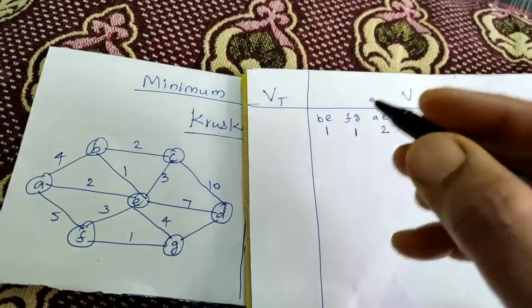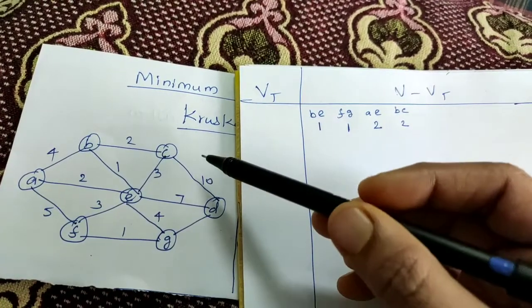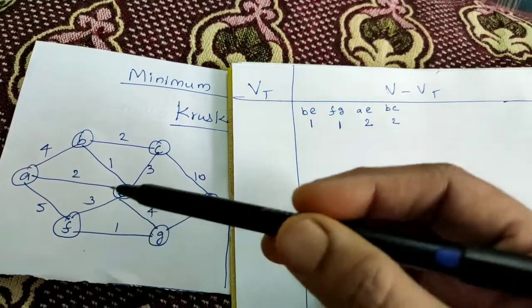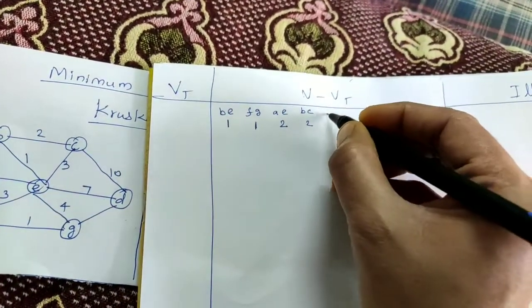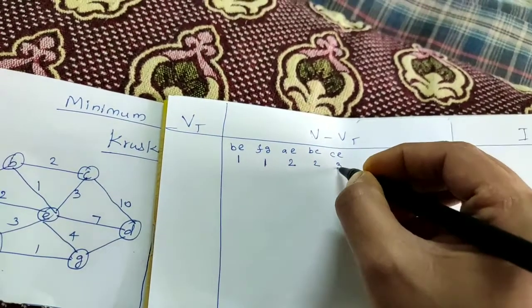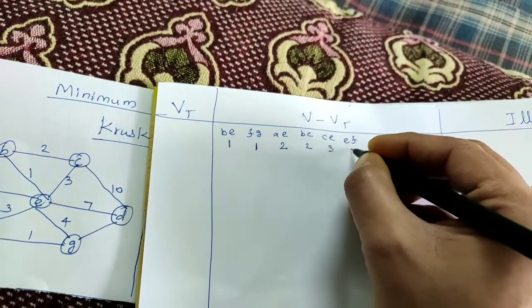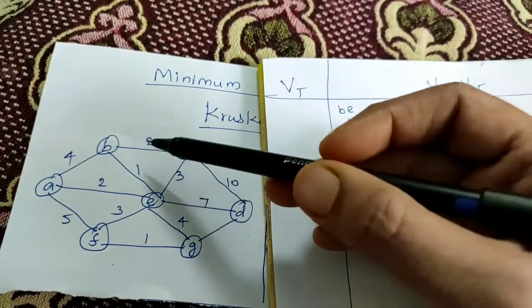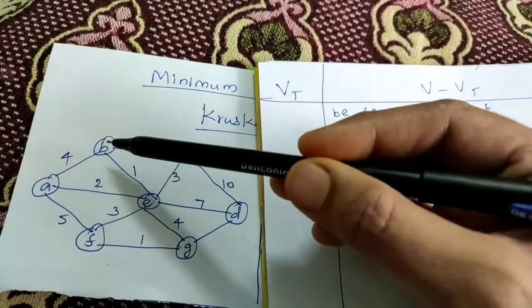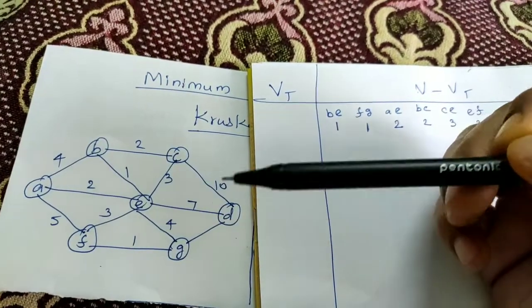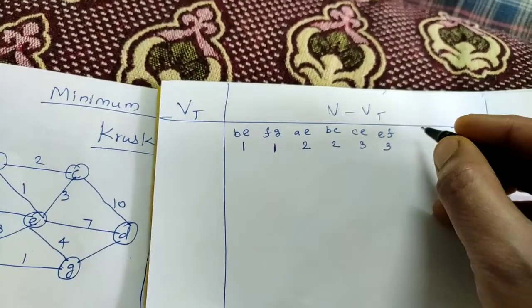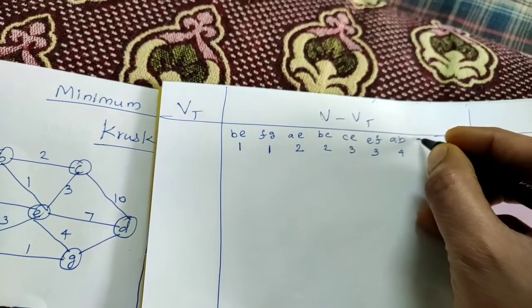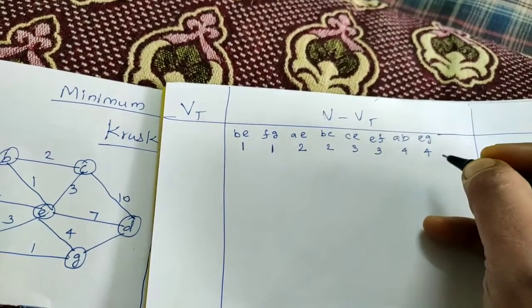Now the third minimum edge weight is CE I have, EF I have. So let us include CE with the weight 3, then EF with the weight 3. So next minimum edges, I have 2 edges, AB with weight 4, again EG with the weight 4. So let us include AB with the weight 4 and EG with the weight 4.